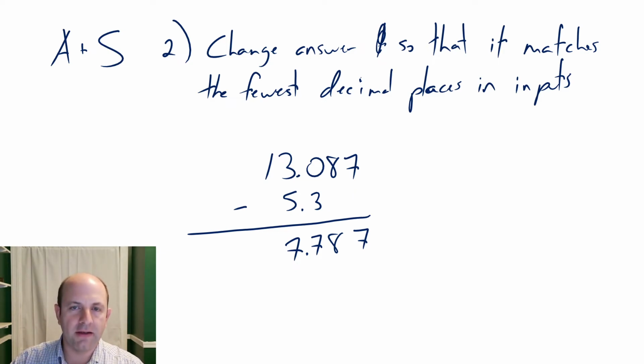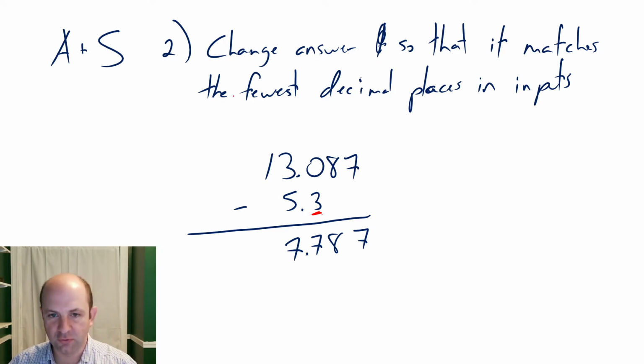But think about that. We're doing significant figures. We're saying what numbers do we know for sure, and where do we have estimated numbers? Well, that 3 right there, that's an estimated number. I have no clue what these two numbers are. In our calculator, we pretended they were 0, but I don't know that they're 0. So do I know that these are really 8 and 7 out here? No, I can't know that.